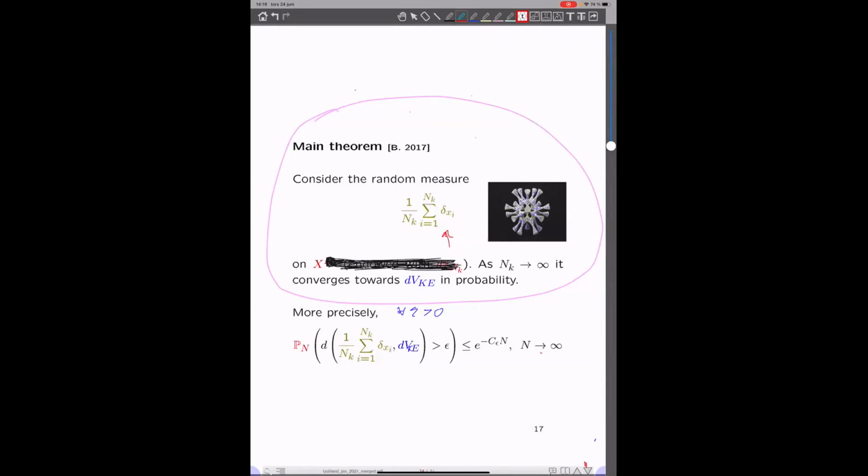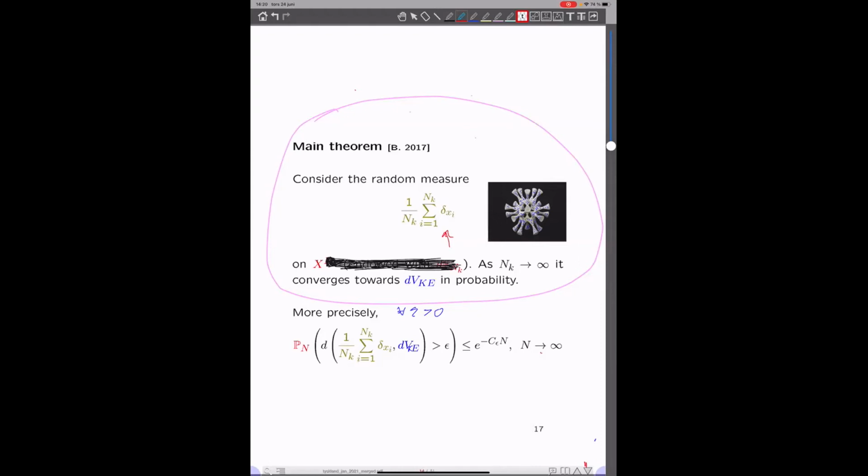The theorem says that this random measure on X converges in probability towards the volume form of the Kähler-Einstein metric. The proof actually gives something much more precise: the probability that this discrete measure deviates from the Kähler-Einstein volume form by some epsilon is exponentially small as n tends to infinity.